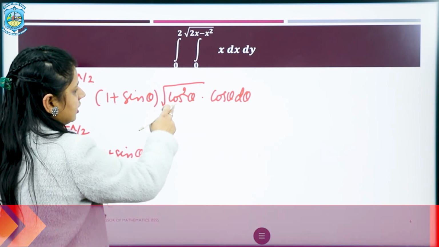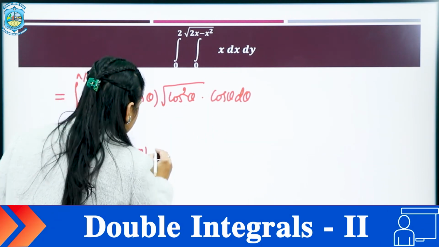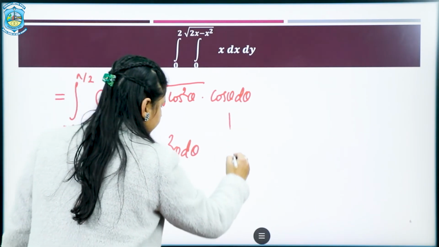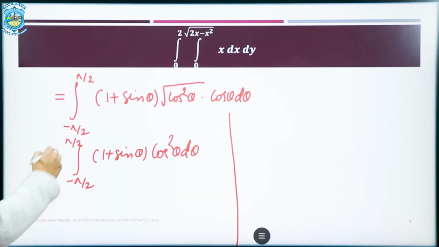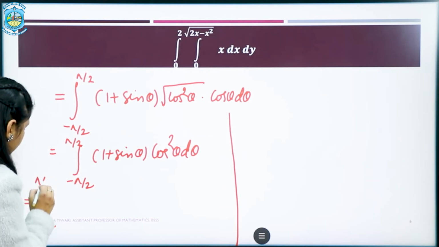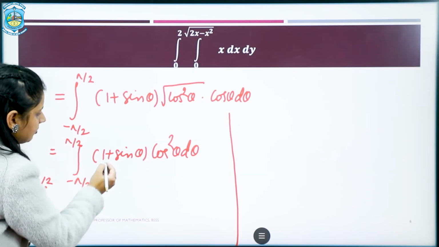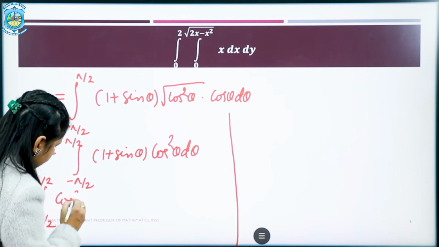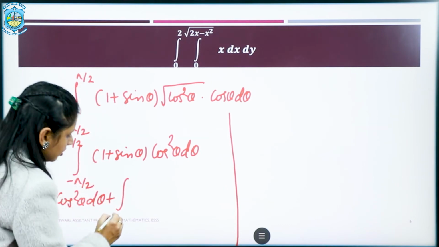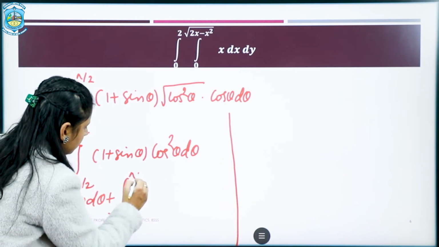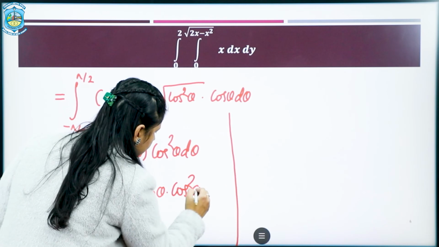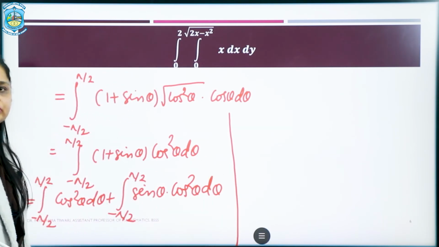Square root of cos square theta is cos theta multiplied with cos theta, that is cos square theta d theta. Now, we will separate these integrals, integral limit minus pi by 2 to pi by 2. When we multiply 1 with cos square theta, we will get cos square theta d theta, and the second integral is minus pi by 2 to pi by 2 sin theta cos square theta d theta.